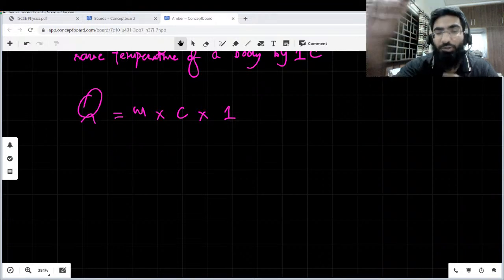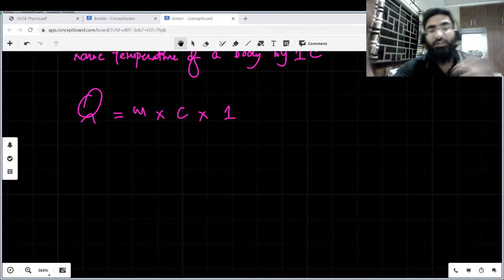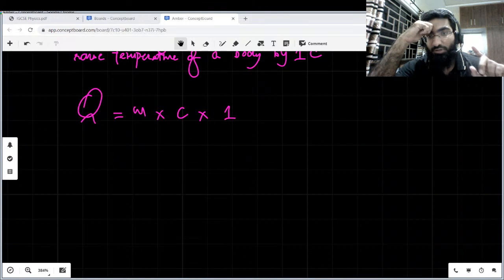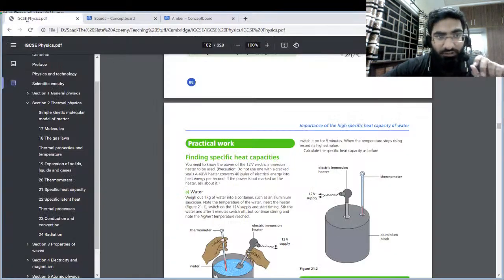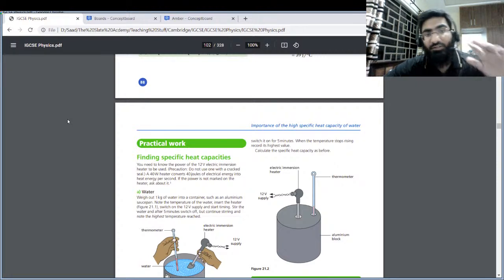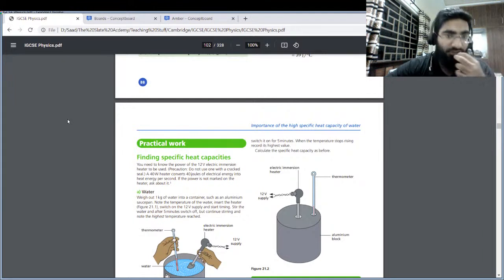This property of water helps water act as a coolant, that it absorbs a lot of heat, yet it does not change its temperature quickly. So this property comes in handy. It's high. Water has a high heat capacity, meaning thereby that it needs a lot of heat to raise its temperature by 1 degree centigrade.